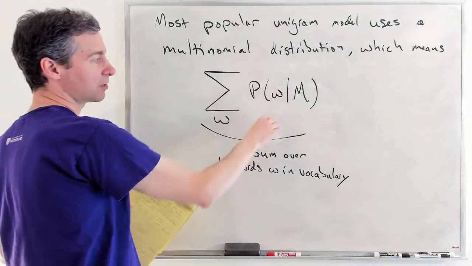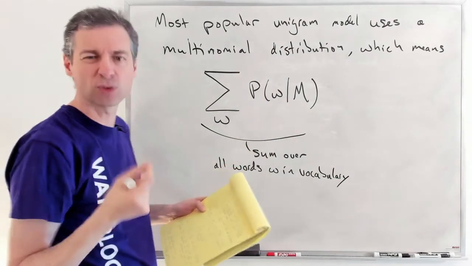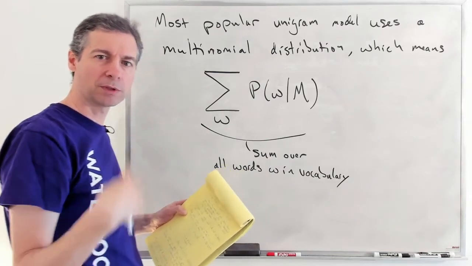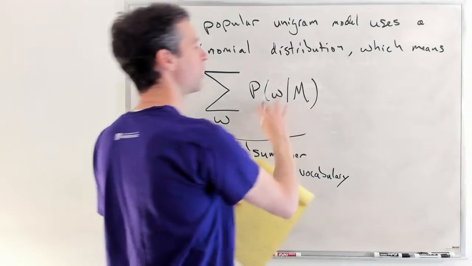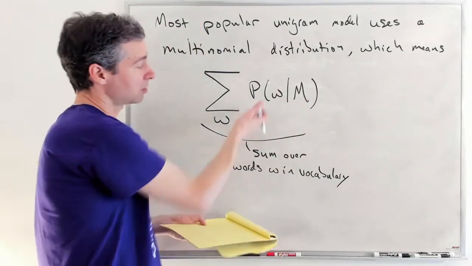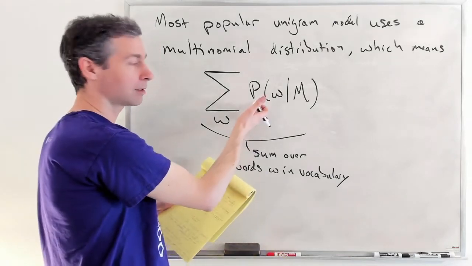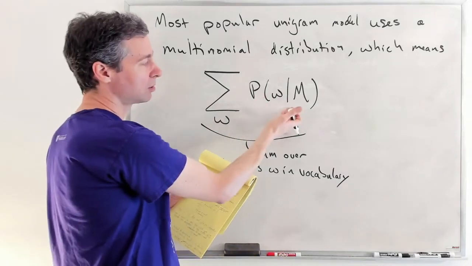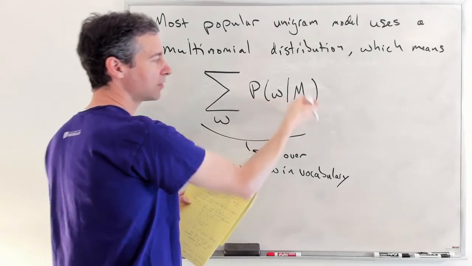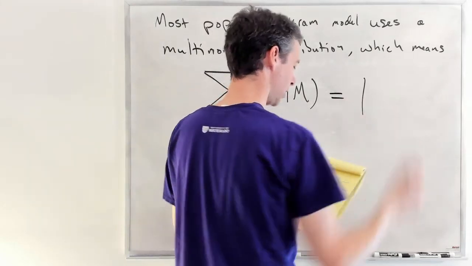So if we sum up these, and this is the probability of the word given the model, so basically, let's go look up in the model, and model, will you tell us what your probability is for this word? Okay, this is a way to just say that. I suppose we could have written it as a function, but when we're dealing with probabilities, it's great to have a nice big capital P, and things like given, so the probability of the word given the model. All right, and they sum to 1.